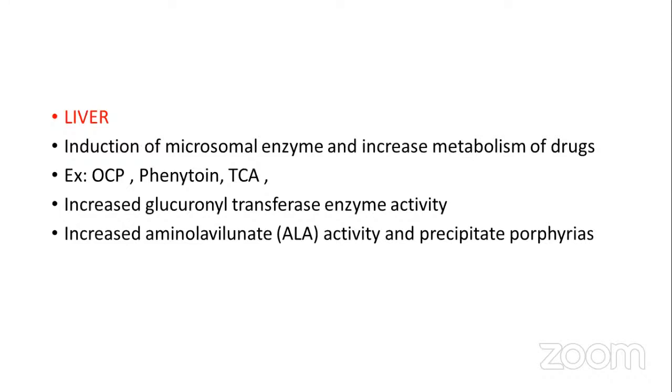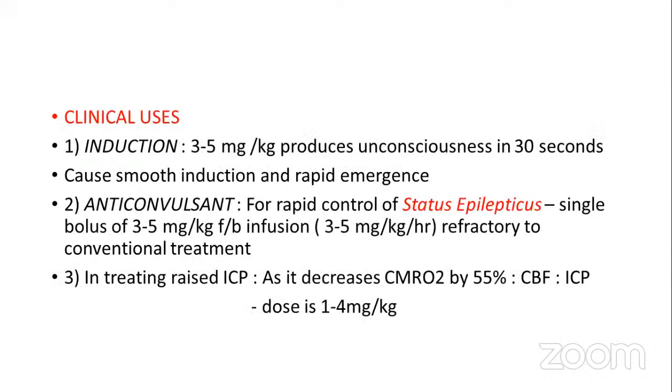Liver: induction of microsomal enzymes and increased metabolism of drugs. Thus, it has interactions with oral contraceptive pills, phenytoin, and tricyclic antidepressants. We see increased glucuronyl transferase enzyme activity and increased ALA synthase activity, and it can precipitate porphyrias. So it is contraindicated in porphyrias.